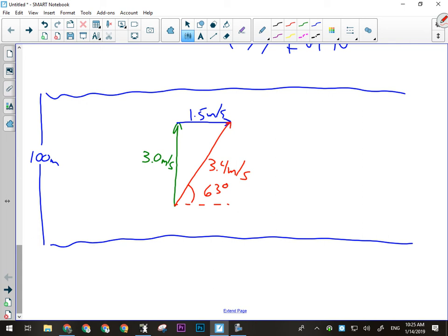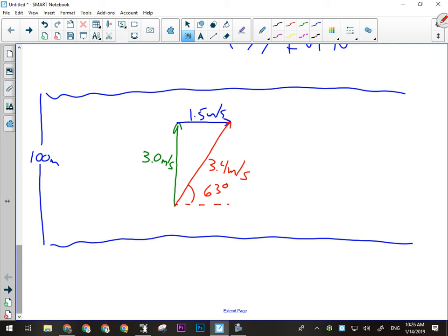Now the next part of the question would probably say something like, how far downstream will you end up when you finally get across the river? So what do I need to find out before I can find out how far downstream I go? I need to know how long it takes me to get across, because the whole time I'm rowing across, I'm also going downstream.